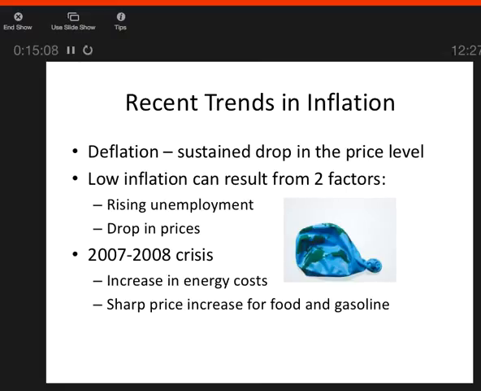So, drop in prices. 2007, 2008, we had a crisis. We had an energy crisis where it made things very expensive. As a result, from 2007, 2008, the price of food and gasoline skyrocketed. And this is where we talked about $4 a gallon gas, the price of bread, milk, everything was increasing dramatically.